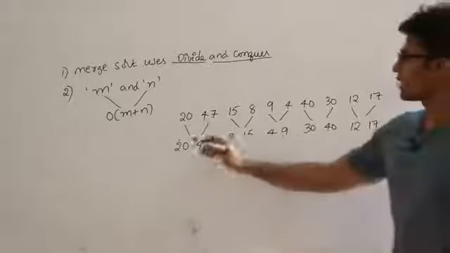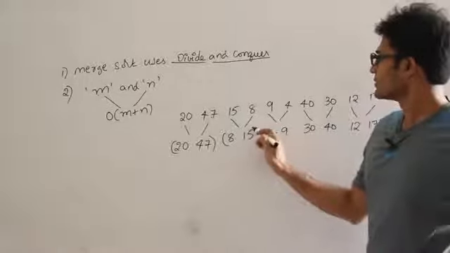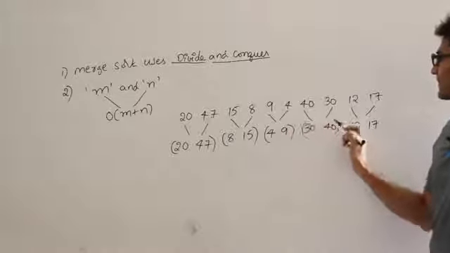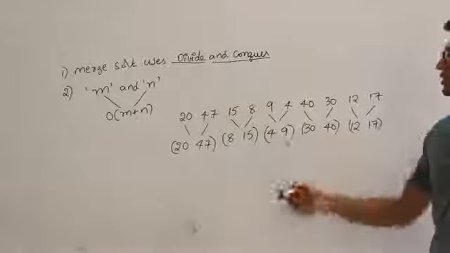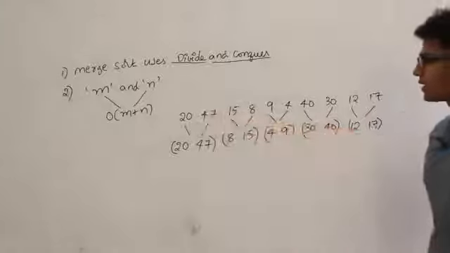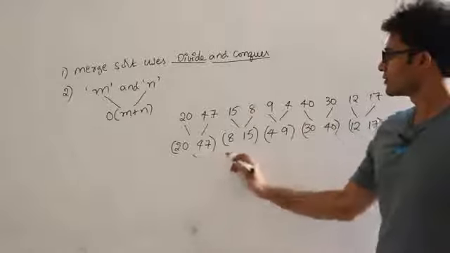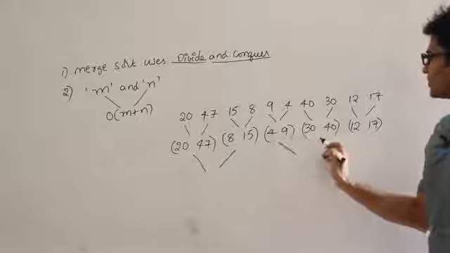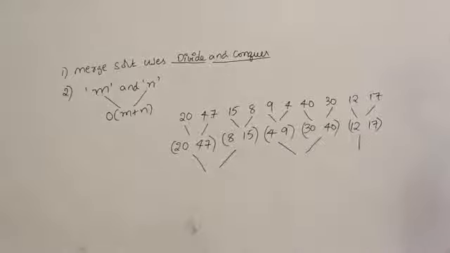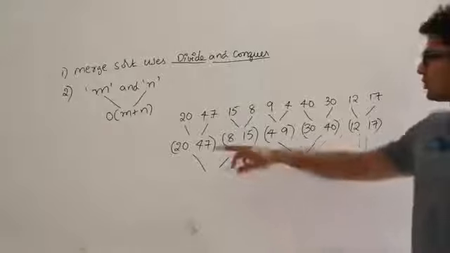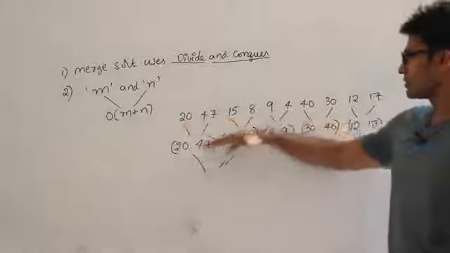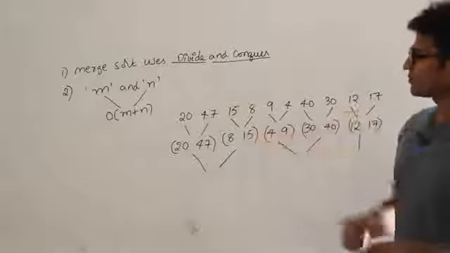Now I have got lists of size 2 each. Initially lists were of size 1, and now again I will do two-way merging. These two will be merged, these two will be merged, there is nothing to be merged for the last one, therefore it will directly be written. So after the first pass, this is the order I got.